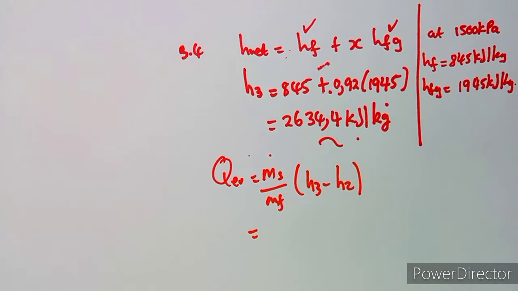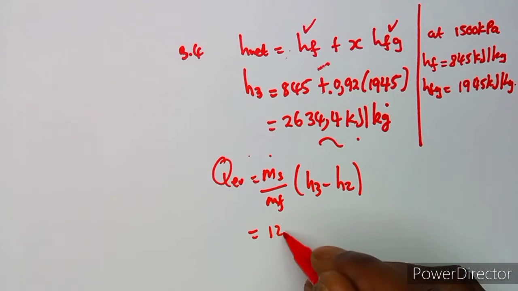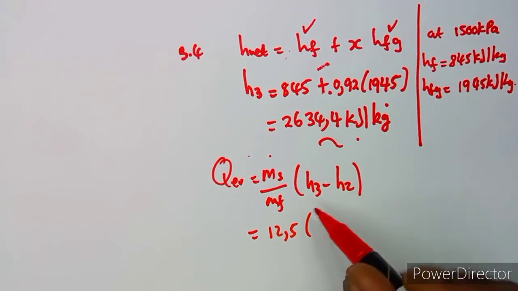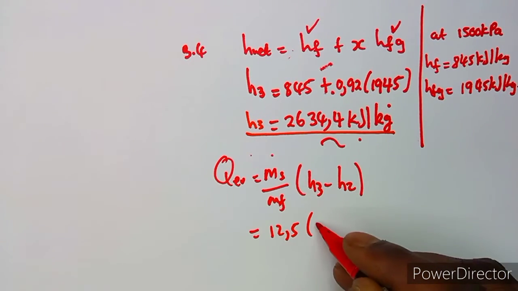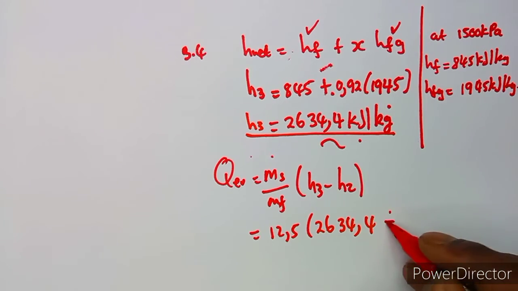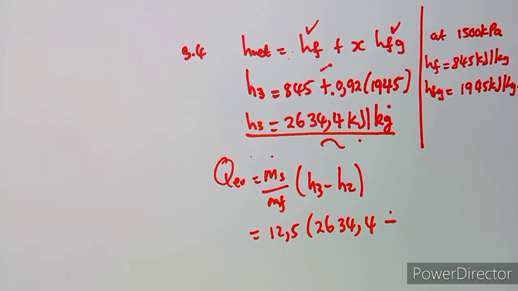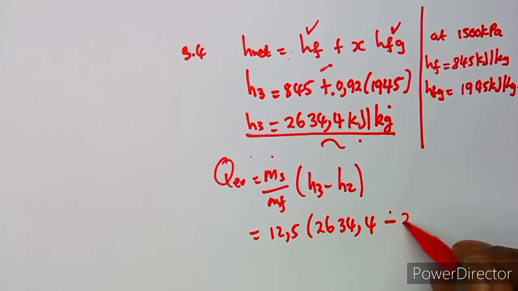We calculated this before, the 12.5, so we are not going to repeat recalculating it. So it's 12.5 times H3, which we already found, 2634.4, minus H2 from your diagram, which is 200.